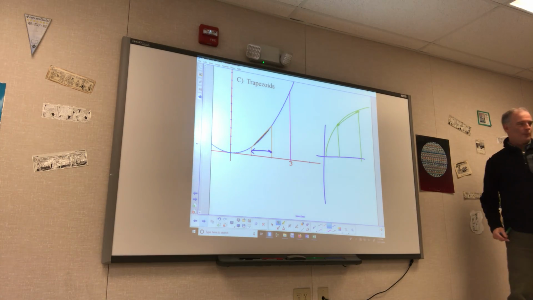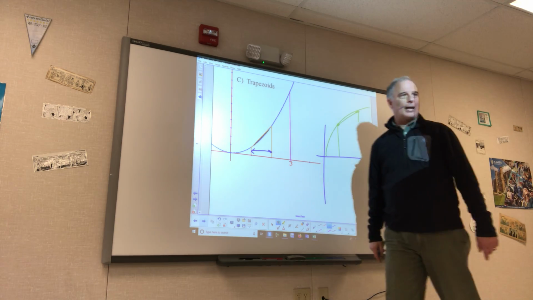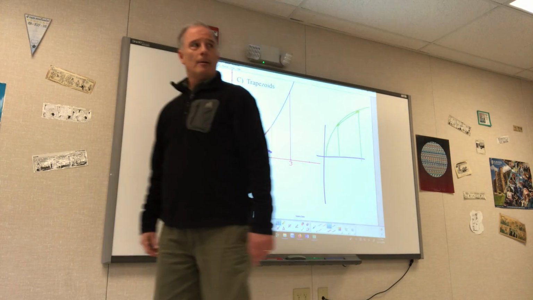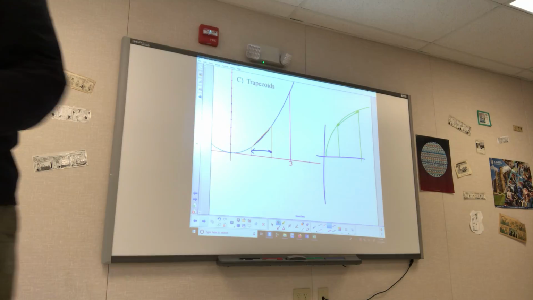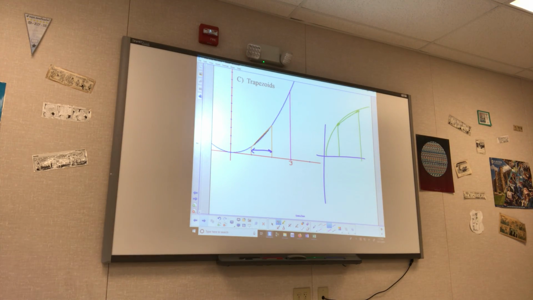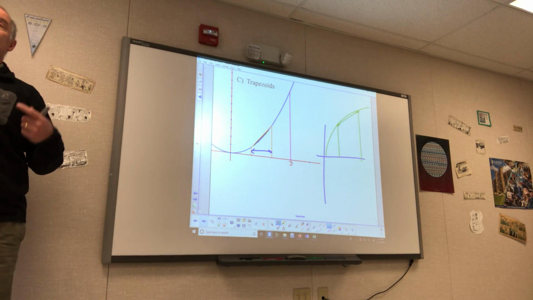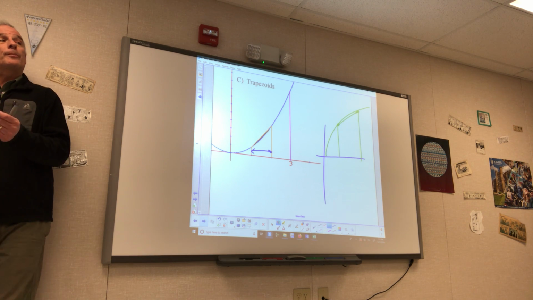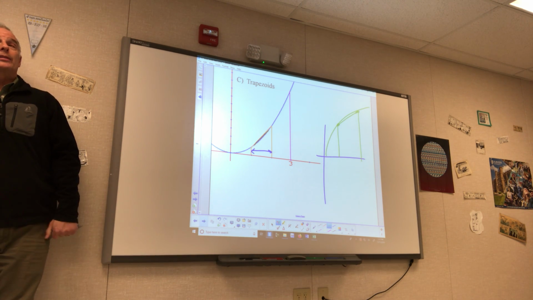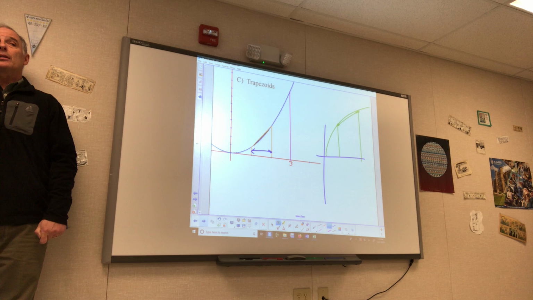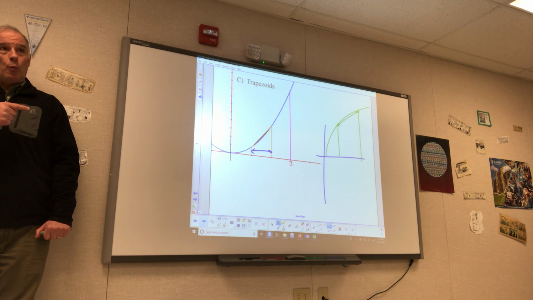It's concavity. The second derivative tells you concavity. So increasing or decreasing tells you something for rectangular approximations, but the concavity is going to tell you whether it's an over or under approximation for the trapezoid.